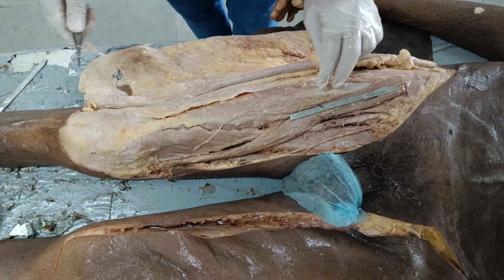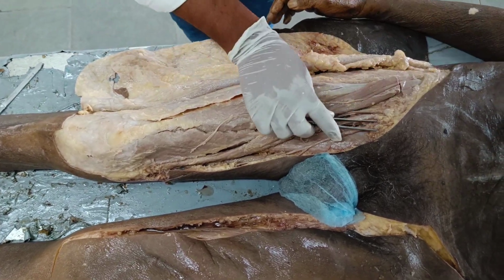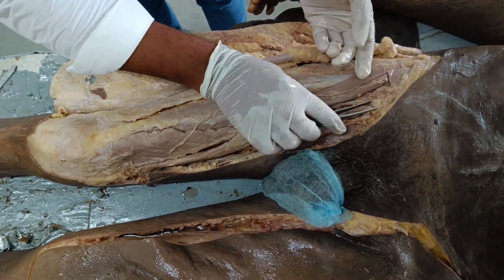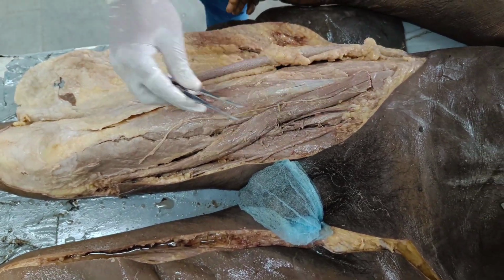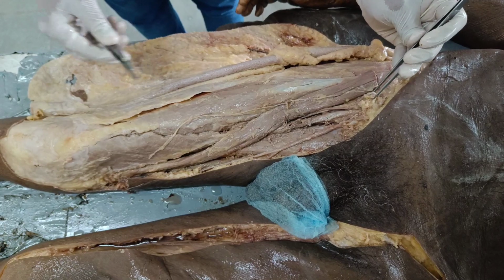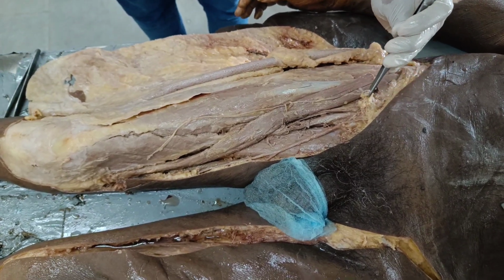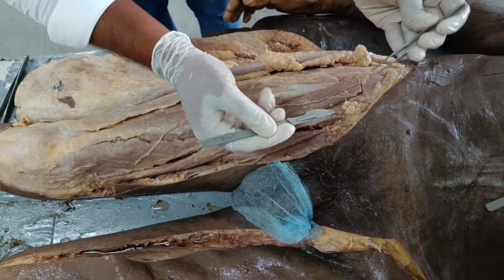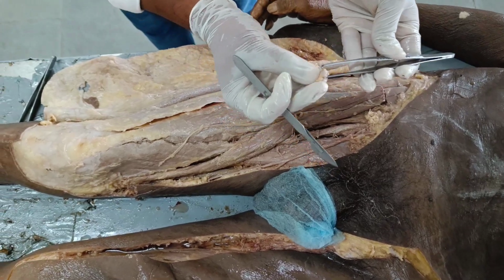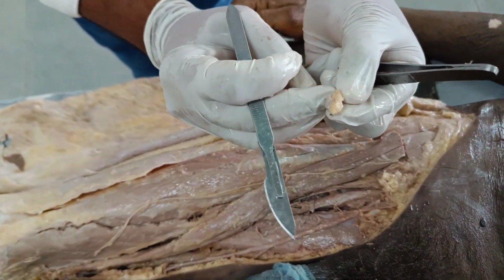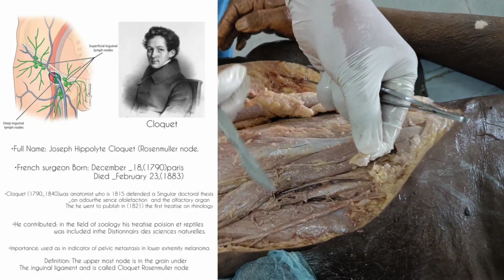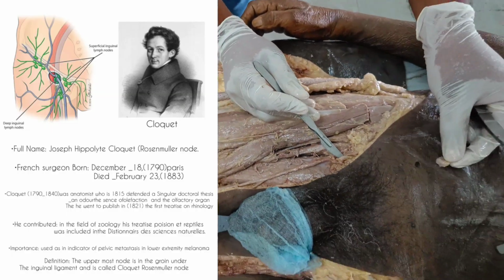Here is the inguinal lymph node, which I am going to dissect and remove. Here is the inguinal lymph node which I have removed from the inguinal region. Another one you can see here.